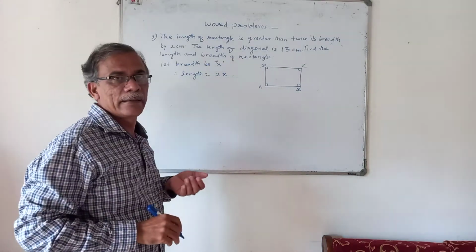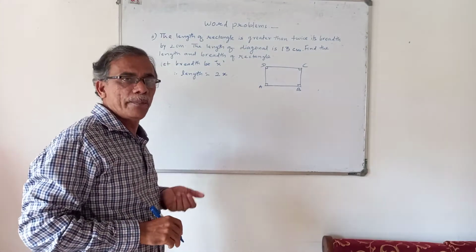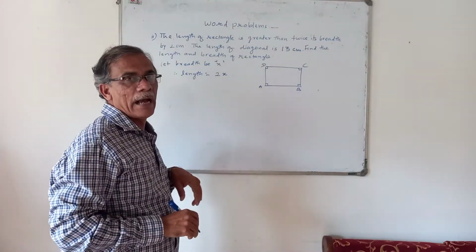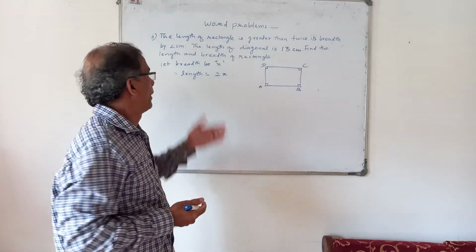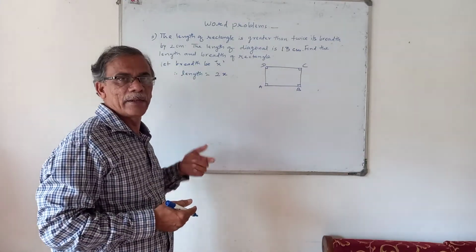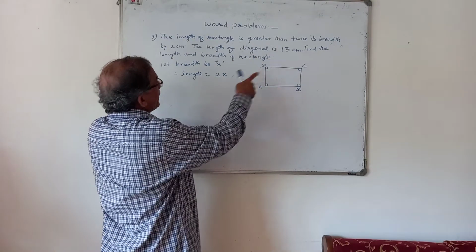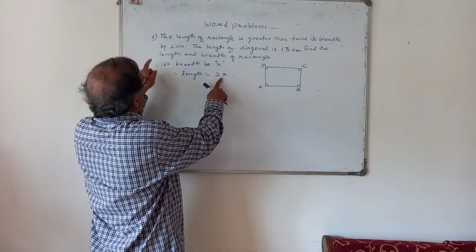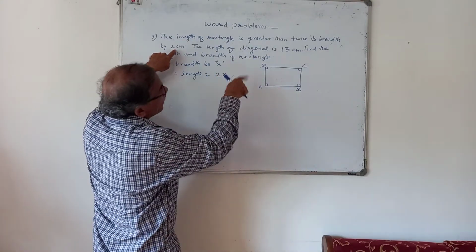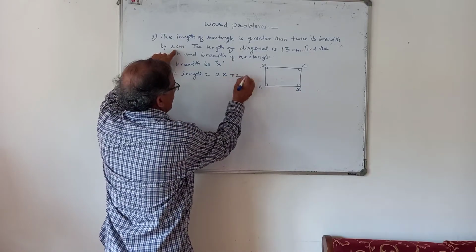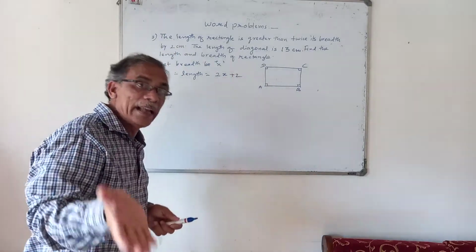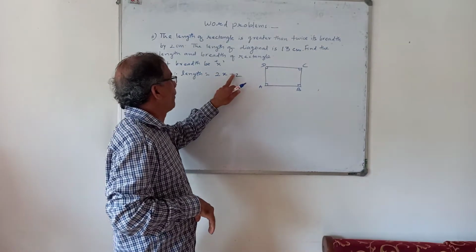Thrice the breadth, 3x. 5 times the breadth, 5x. Half times the breadth, x by 2. So like that, you have to multiply. Times means multiply. So greater than twice its breadth by 2 centimeter means 2x plus 2. Greater means plus. If it is less by 2, it will be 2x minus 2.